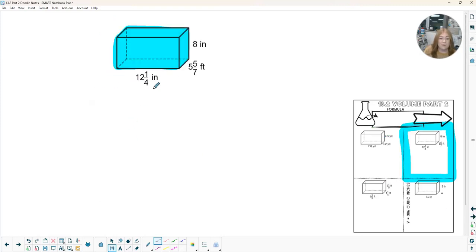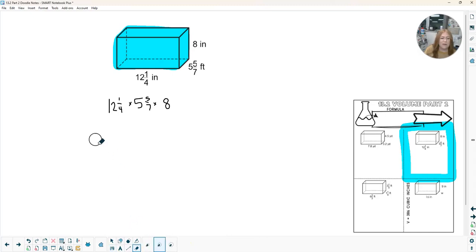So our next one, we have 12 and 1/4 is our length. And our width is 5 and 5/7. And our height is 8. So we need to make these all improper. So 12 times 4 is 36, plus 1 is 37. It's not 36.